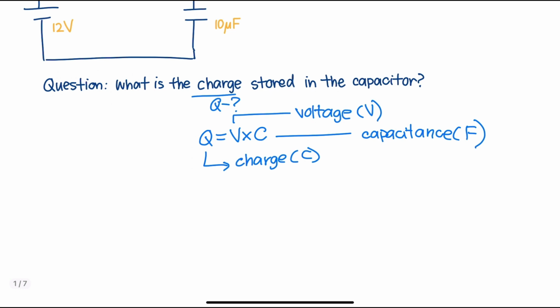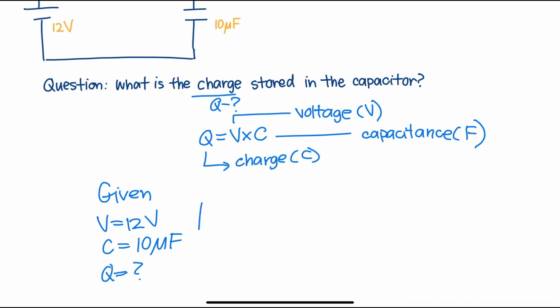So let's write down what information we are given. We are given volts, then we are given capacitance, which is 10 millifarads, and we are looking for Q value. The formula that we're going to use is this one.